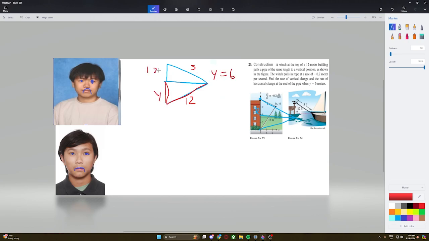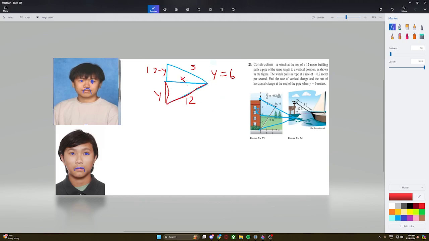And this is 12 minus y, because if we're being more general for the equation, it should be 12 minus y. And this part is just x, they both share an x.